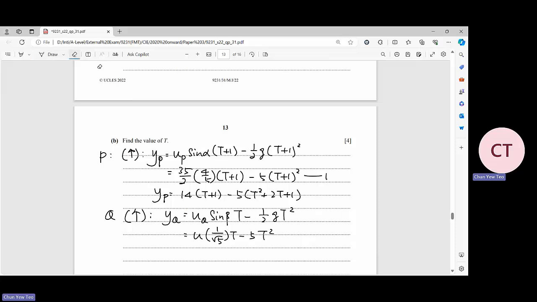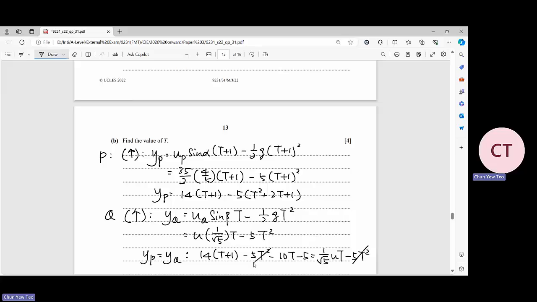No need to call these 1 and 2 anymore, because we can just say that yp equals yq. Then you have 14(t plus 1) minus 5t squared minus 10t minus 5 equals 1 over sec 5 ut minus 5t squared.